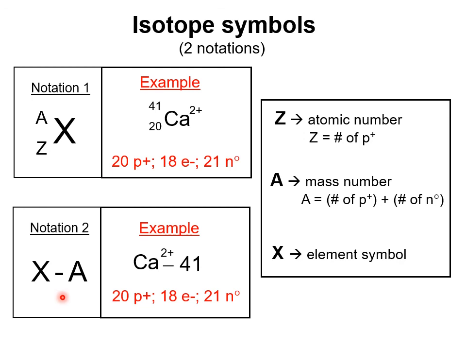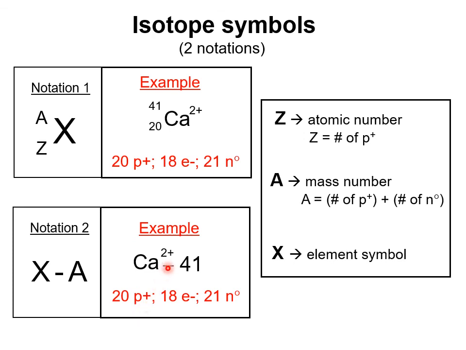The second notation leaves out the atom's atomic number. So here, for example, we have calcium 2 plus dash 41. Notice that I left out the Z, the 20, because the calcium symbol tells me that there are 20 protons present. I could just look that up on the periodic table.